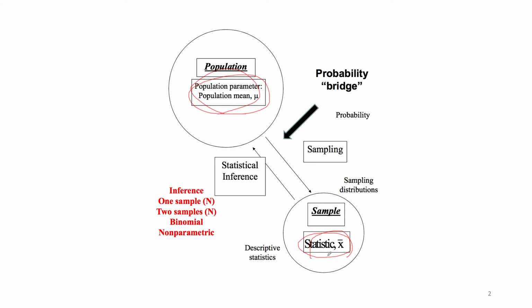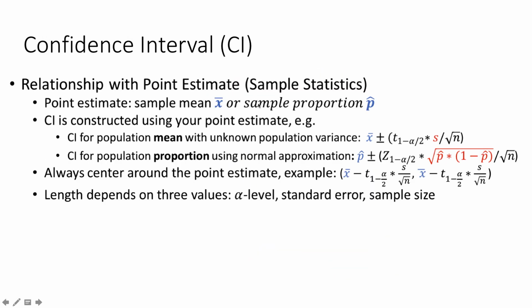Because we have it, this is already a point estimate, and we gave it an interval. That's the point estimate, and this is the confidence interval. We want to use this tool to estimate population parameters.